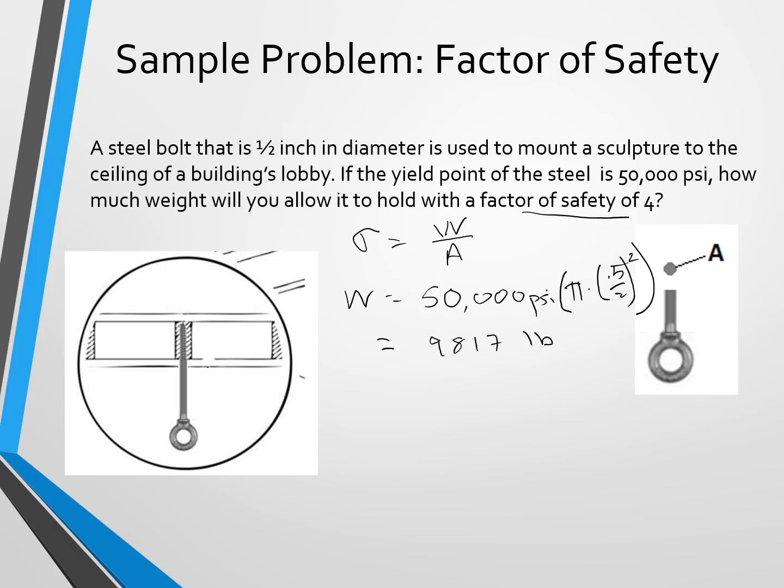But if we want to design it with a factor of safety, we are only going to allow it to hold 1/4 of that. So if we take this weight and divide it by 4, then we're going to say that this is only allowed to hold 2,450 pounds. So that would be our design limit with a factor of safety of 4 for that bolt.